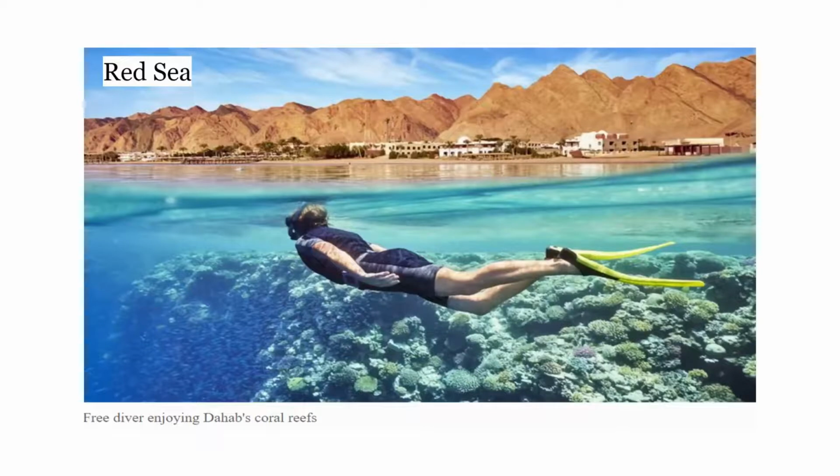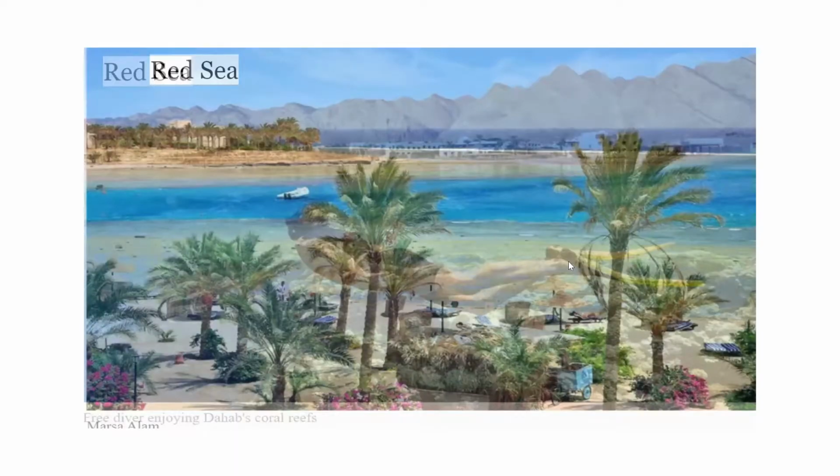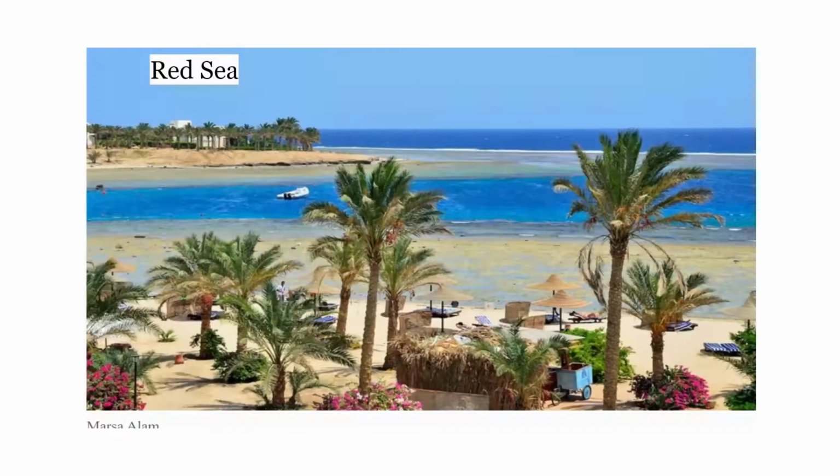The Red Sea is heavily trafficked by huge ships ferrying goods from the Middle East and Asia to the Americas and Europe. It is connected to the Arabian Sea and the Indian Ocean to the south through the Gulf of Aden.